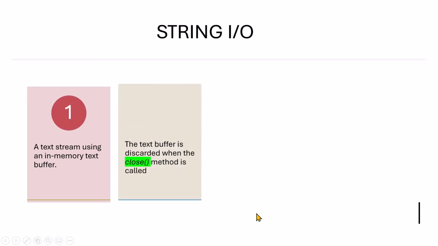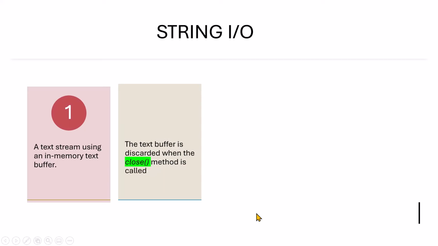Now we're moving on to string IO. We've looked at text IO. Now text streams or text files can also exist in memory. A text stream uses an in-memory text buffer. This buffer will be accessible as long as we don't call the close method.